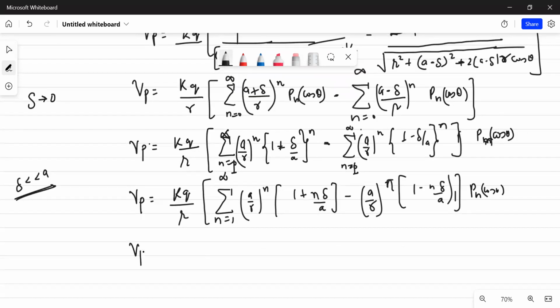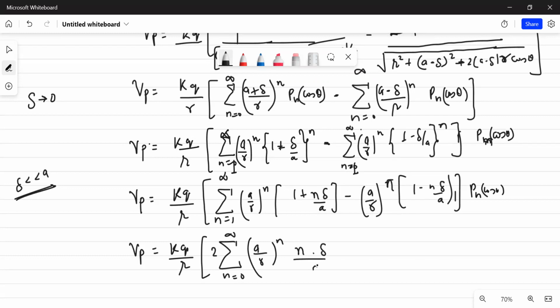So now this is VP. I will write simply KQ upon R, and this would be, if I take A upon R common out, what I'll get, it will be like n equal to 0 to infinity. I'll write A upon R raised to power n, and I think this would be 2 times, and I will write n, I will write del, and I will write upon A, and then I will write Pn cos theta.